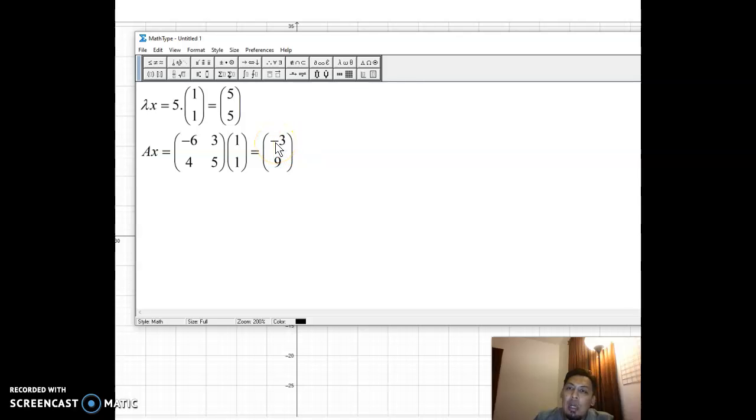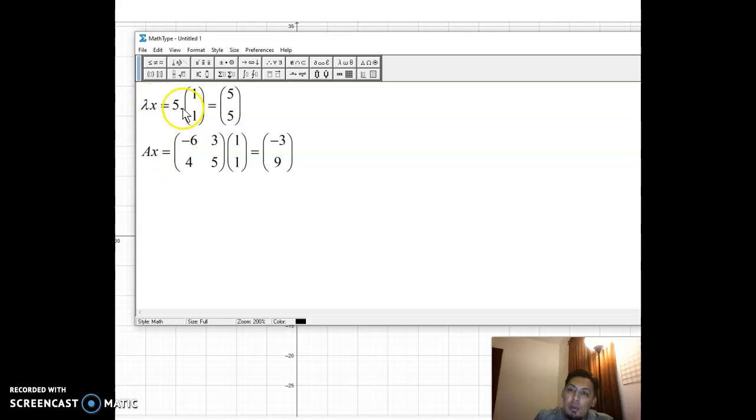Now let's talk about the formula. As you can see here, this is the notation that I use to multiply a constant with a vector, and this is the notation that I use to multiply a matrix with a vector.